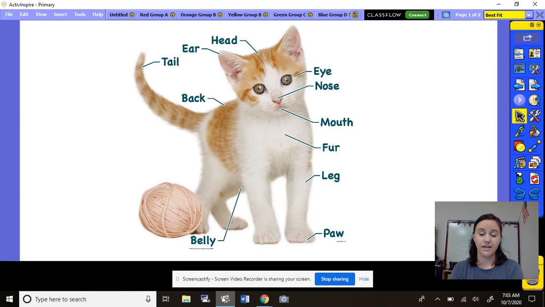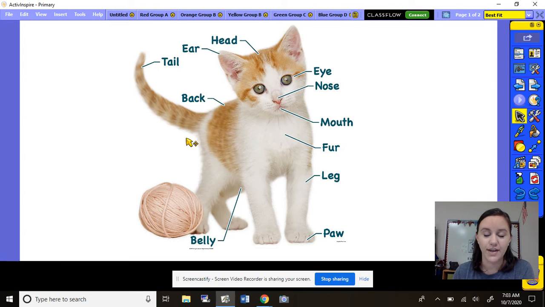When you're writing an informative piece, for example, if I wanted to write an informative piece about an animal, I could always start with a diagram or a drawing and I would label it. So if I wanted to write about kittens, I would have my kitten picture pulled up here and I have all of the parts labeled.